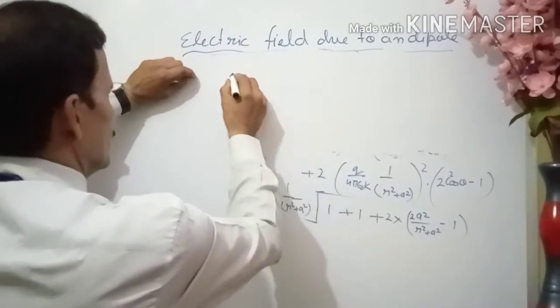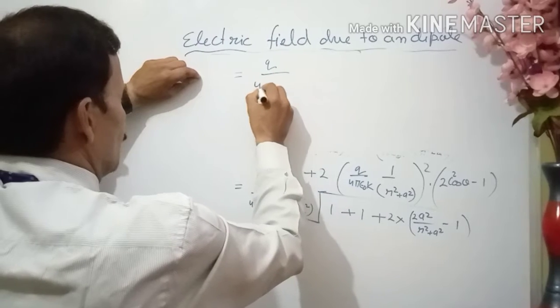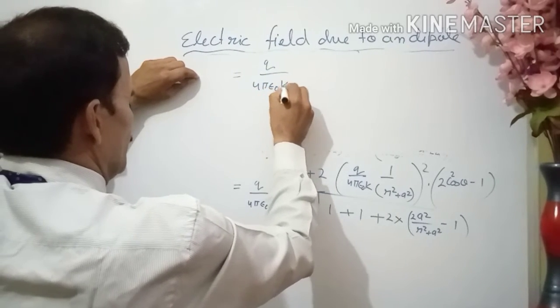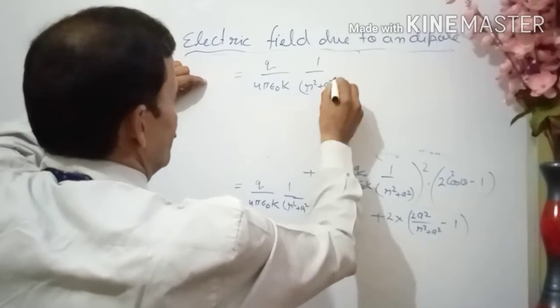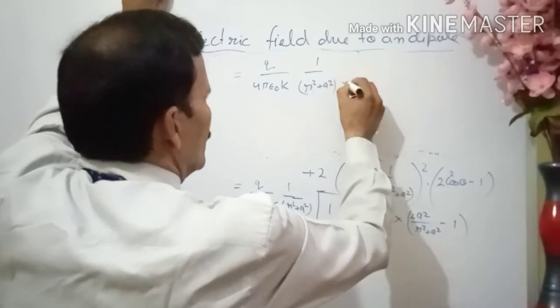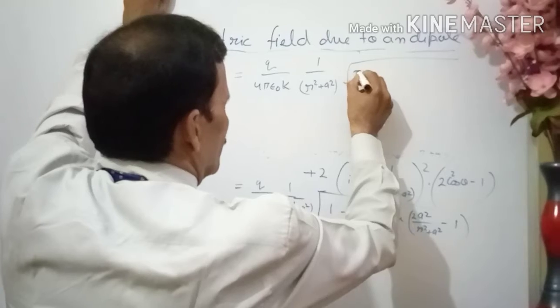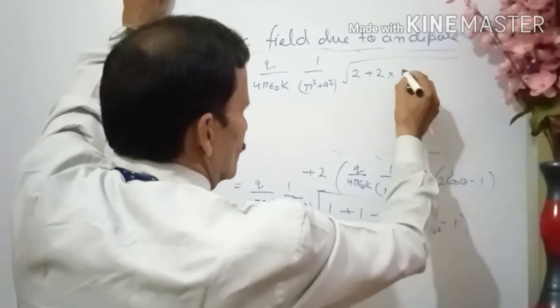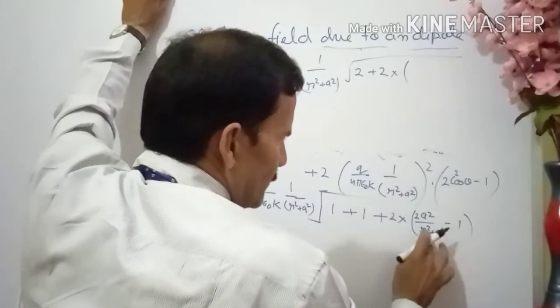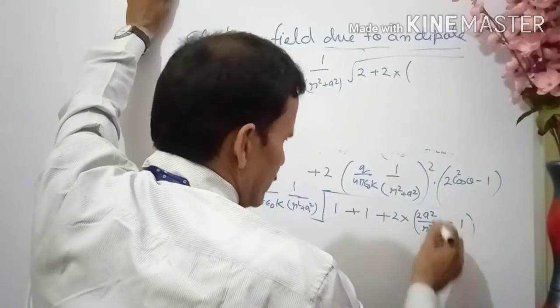When you solve it, it is equal to q upon 4 pi epsilon naught k, 1 upon r square plus a square, and under root 1 plus 1 is 2 plus 2 into, solve it. So 2a square minus this, take LCM.